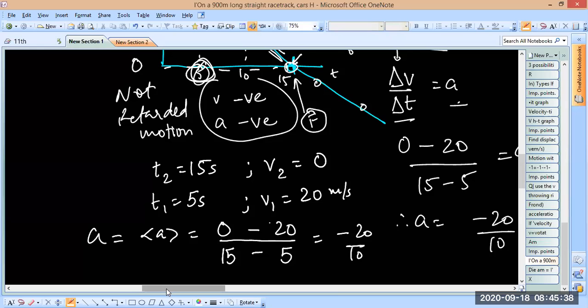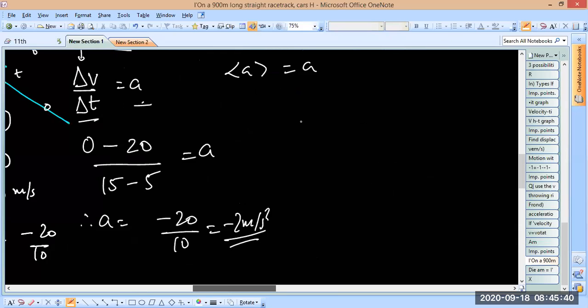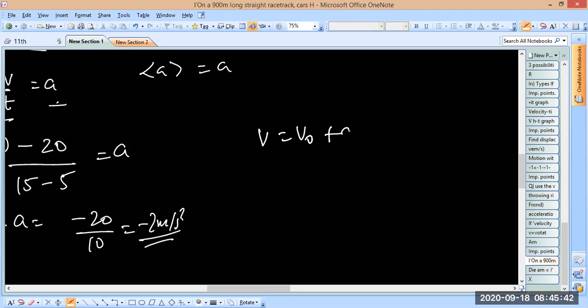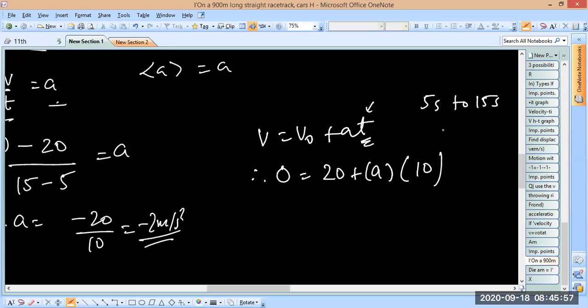You can also do this by the equation of kinematics because you know that acceleration is constant. Final velocity 0 equals initial velocity 20 plus acceleration A times time interval T, which is from 5 second to 15 second. How much time interval? 10 second. So that gives 10A equal to minus 20, therefore A equals minus 2 meter per second square.